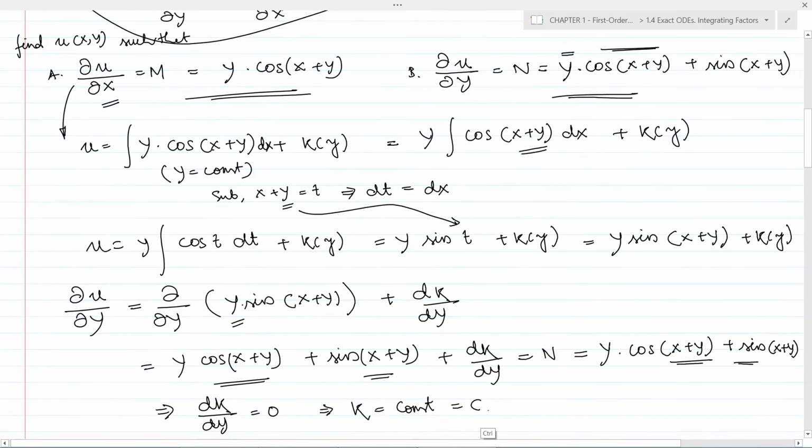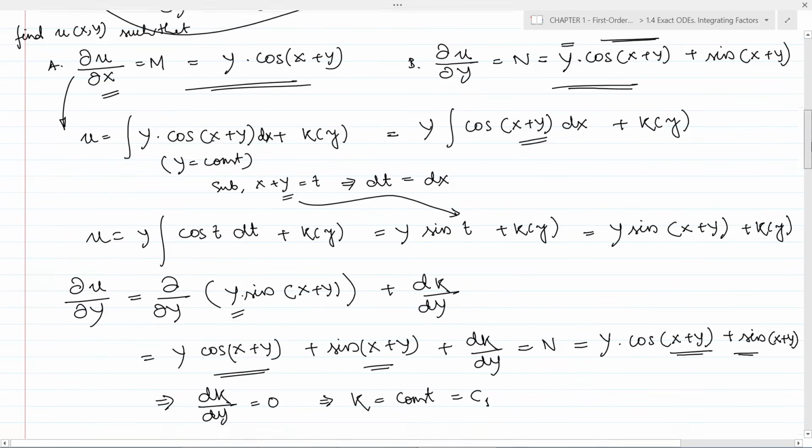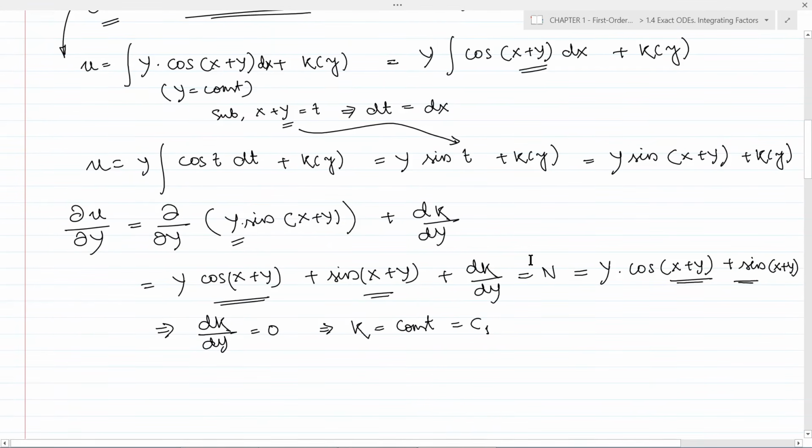Let us take C1 as the constant. So, now we have the final value of u, which is u equal to y sin(x+y) plus k of y, which is just a constant, let us take C1.